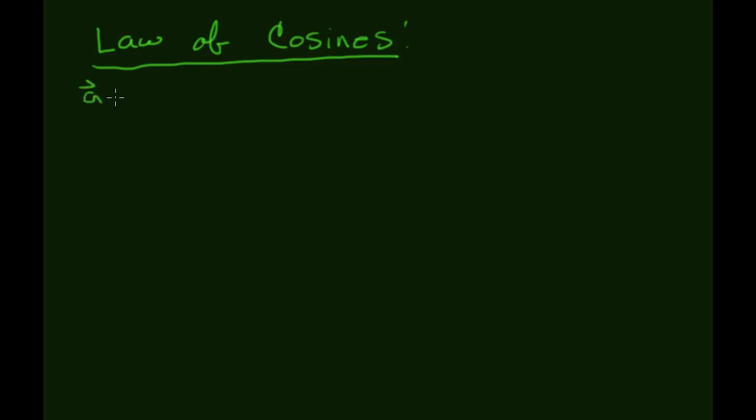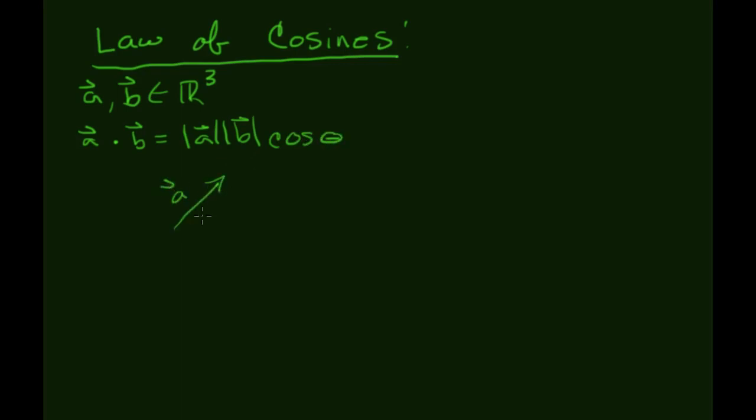I have two vectors, A and B, and I'm going to put them in R3, but they really can be in R anything. This can be scaled up to any finite number. The law says that the dot product is equal to the magnitude of A times the magnitude of B times cosine of theta, where if I have a vector A and a vector B, theta is the angle in between them.